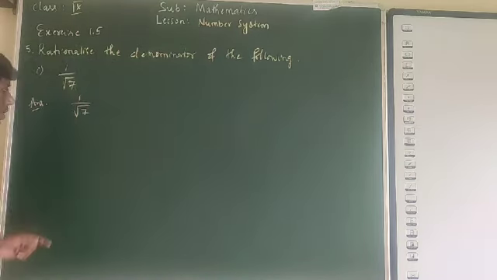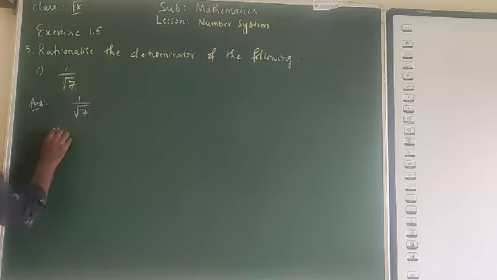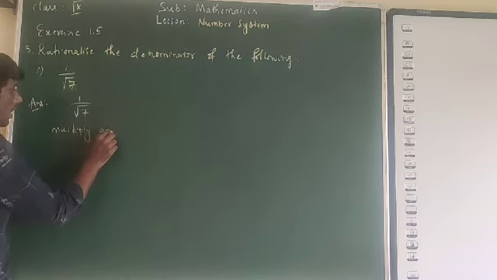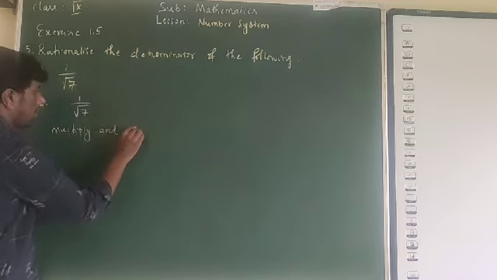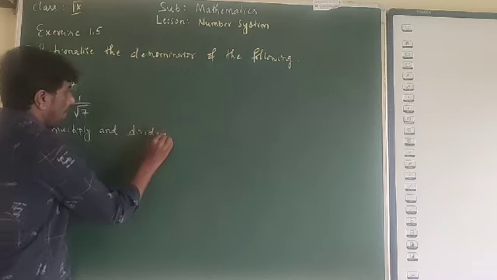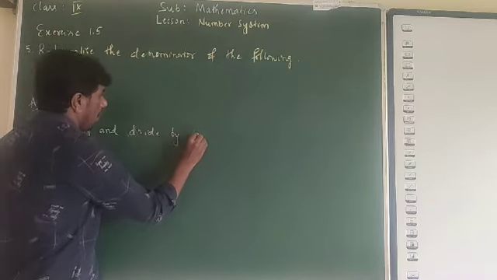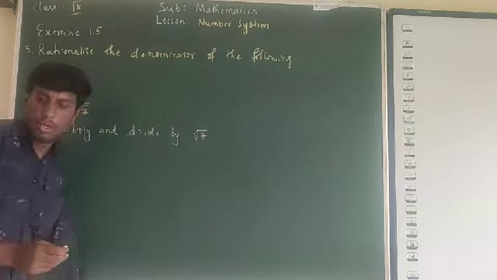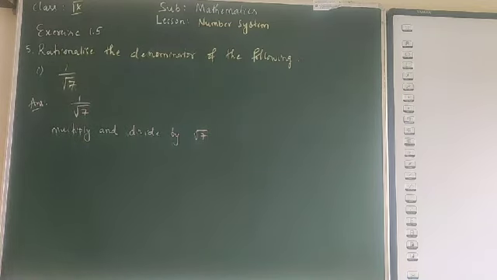So what do we need to do in order to bring it to a rational number? Multiply and divide by root 7. Or otherwise, multiply both numerator and denominator by root 7. That is also true.